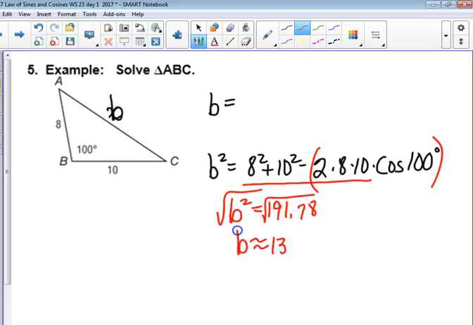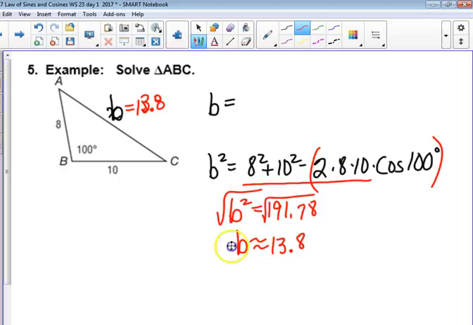What do we get? 13 point? All right. We rounded that, and so now it's going to change. We're going to get different answers here and here depending on our rounding.